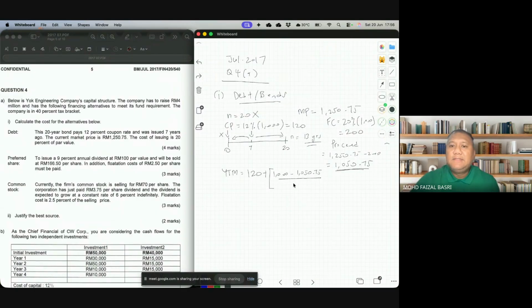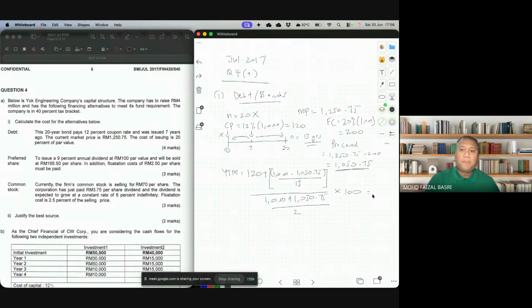And the N is 13 not 20. So close the bracket. Kita tolak dulu. And then we divide by 1,000 plus 1,050.75 and divide by 2. Okay, and you times with 100 lah to get in percentage.